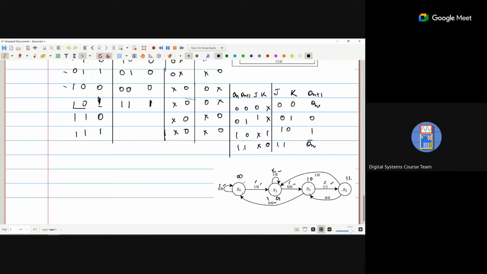And final case 1 1, when input is 1, we move to 0 1, and when input is 0, we are getting 1 0. Okay. And what is the output? In both cases, output is 0.